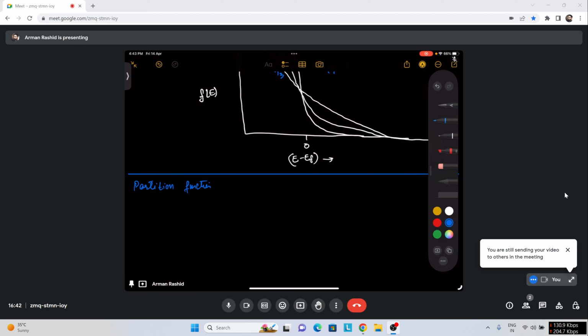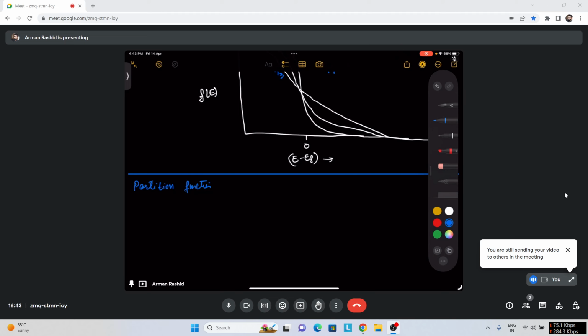Now each partition function is constructed to represent a particular statistical ensemble, which in turn corresponds to a particular free energy. The most common statistical ensembles have named partition functions.